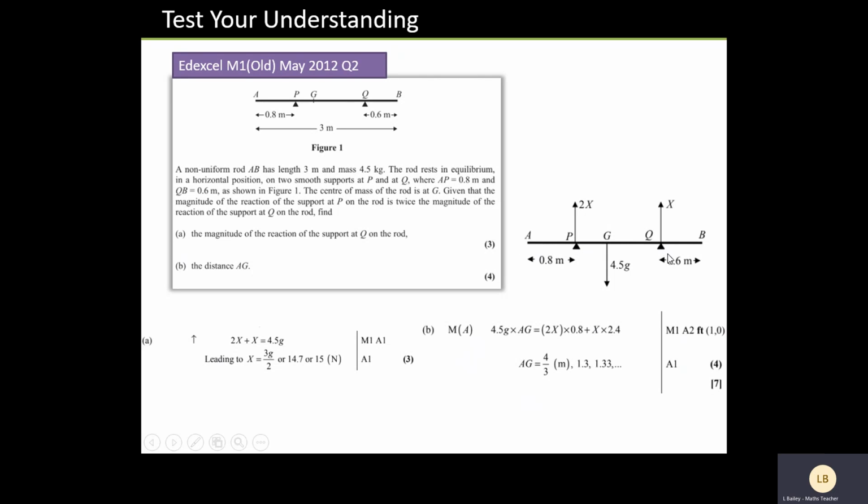A force of x at a distance of, the full rod's length is 3 metres, that's 0.6, so a distance of 2.4 metres. The only thing you don't know is the distance from A to G, so if you solve that, you should find that A to G is 1.3 metres.